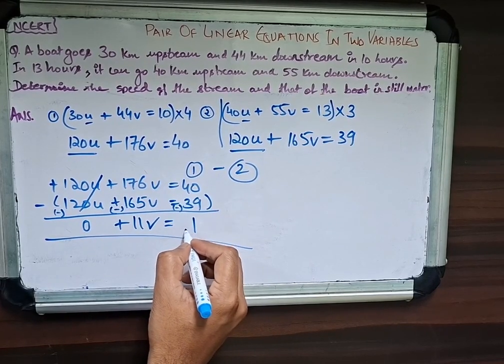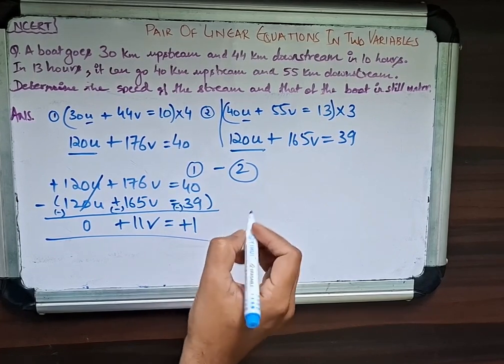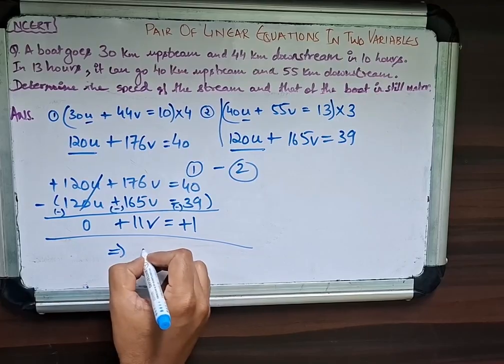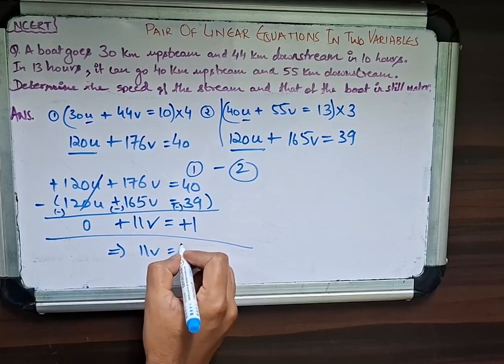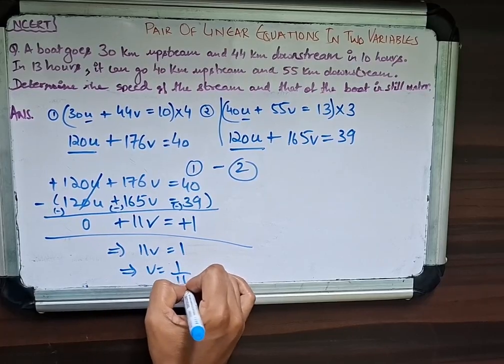We apply the sign of the bigger number, which is 40, so plus 1. So you have 11v is equal to 1, which implies v is equal to 1 upon 11.